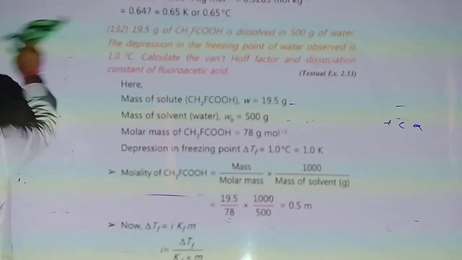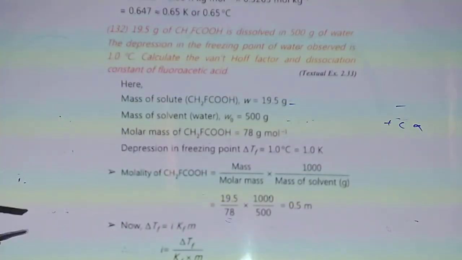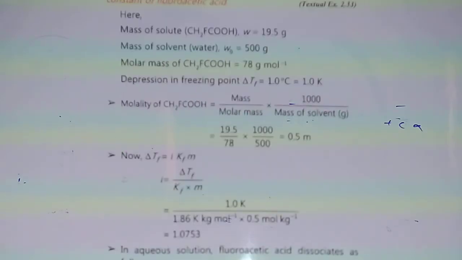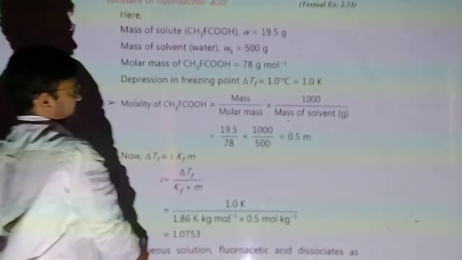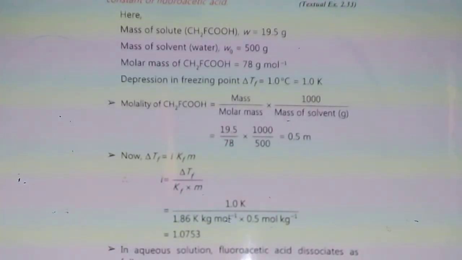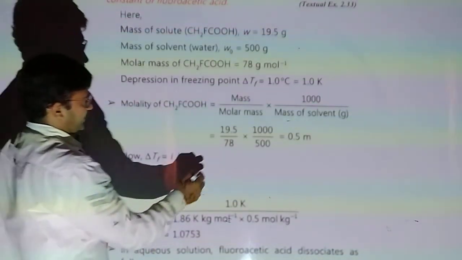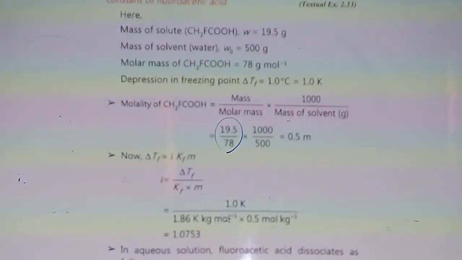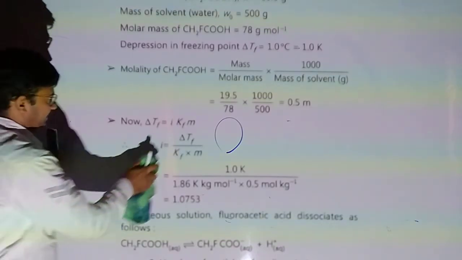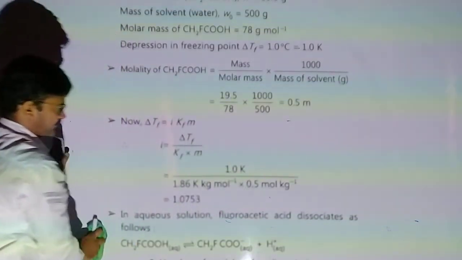Here mass of solute is 19.5 gram. Mass of the solvent 500 gram. Molar mass of fluoroacetic acid 78. Depression in freezing point 1 degree, 1 Kelvin. So molality of fluoroacetic acid is 19.5 divided by 78 into 1000 by 500, 0.5. So i is equal to delta Tf upon Kf into m.